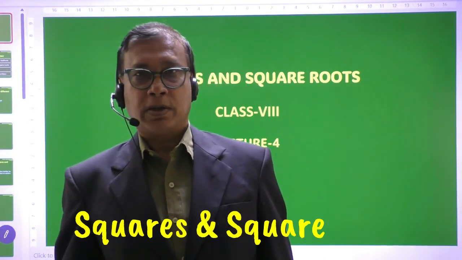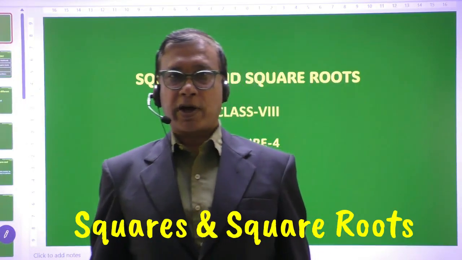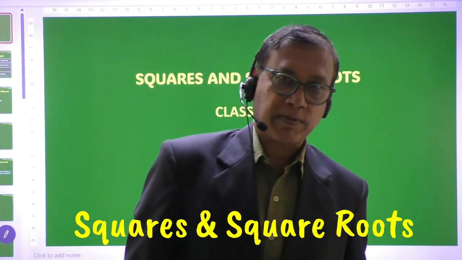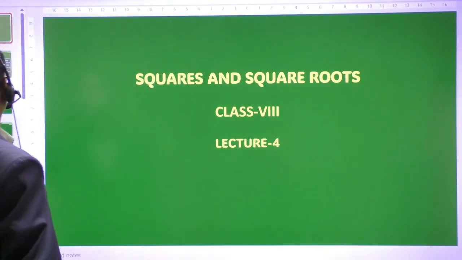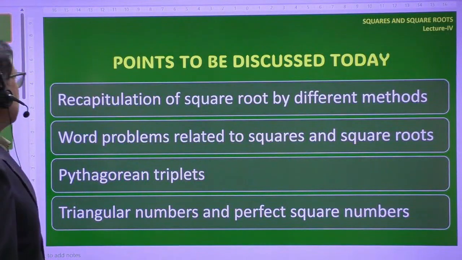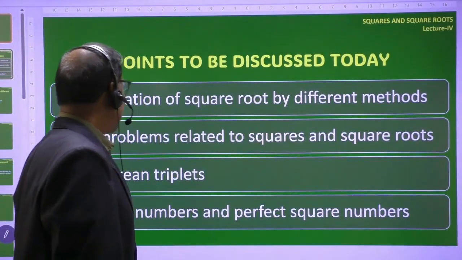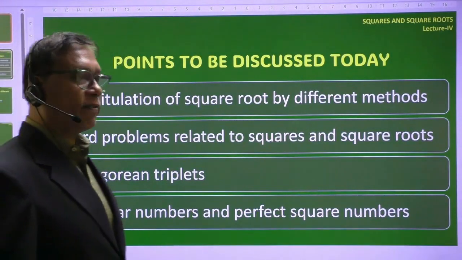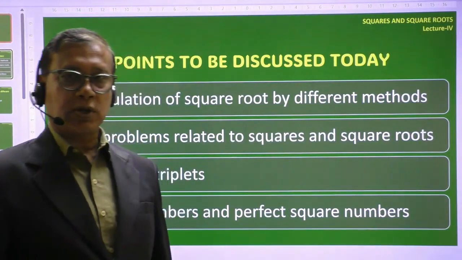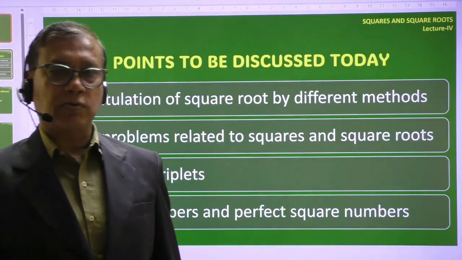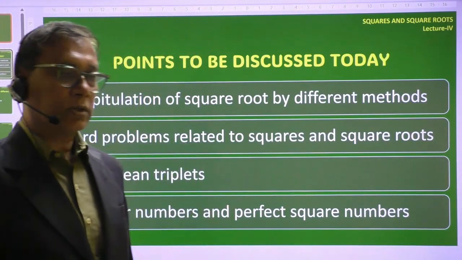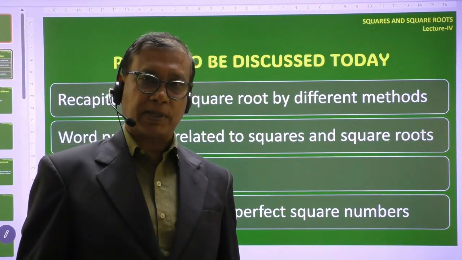Today, on the Squares and Square Roots chapter, lecture number 4. So today, first point is recapitulation of square root by different methods. I will discuss briefly the different methods to find the square root that we already discussed in the previous class.